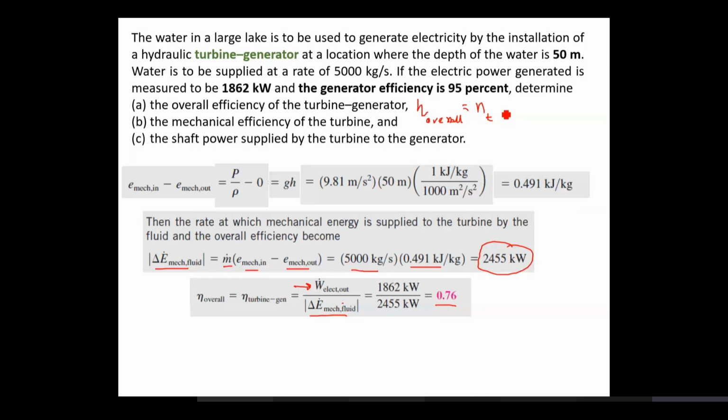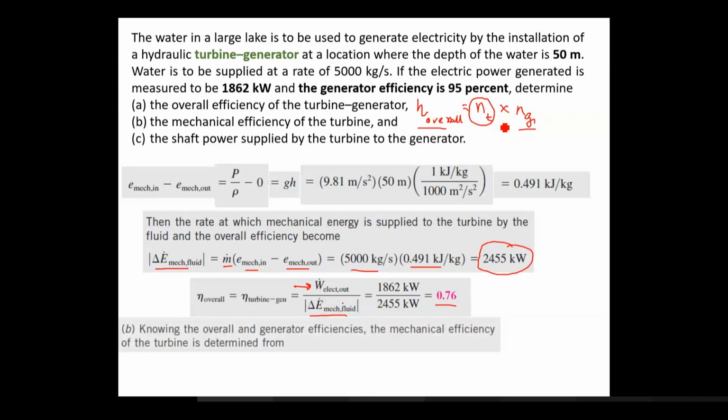This efficiency is given to you. You have calculated the overall efficiency. This is the only thing left. So from the overall efficiency and the generator efficiency, you'll get the efficiency of the turbine. Clear? Is this point clear to you? Yes, sir, clear.